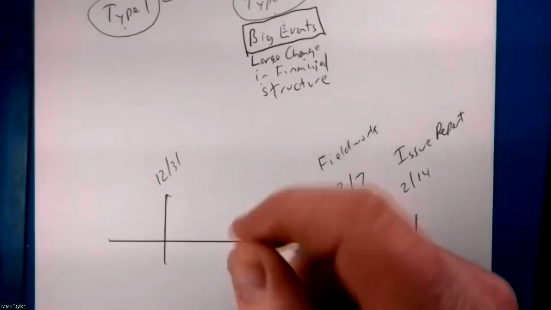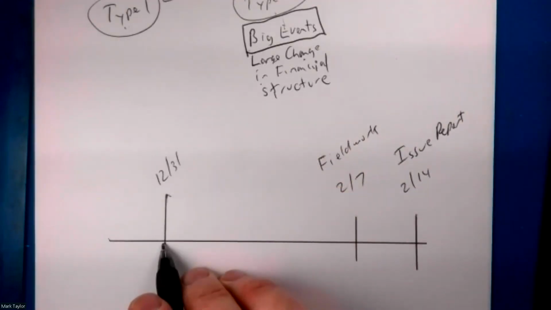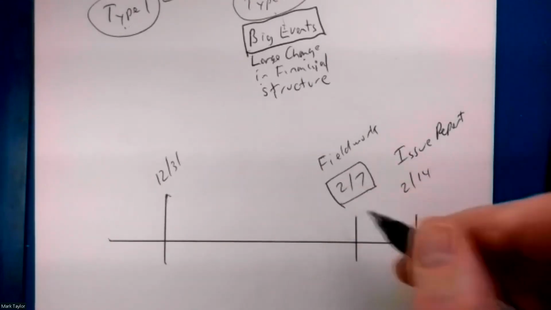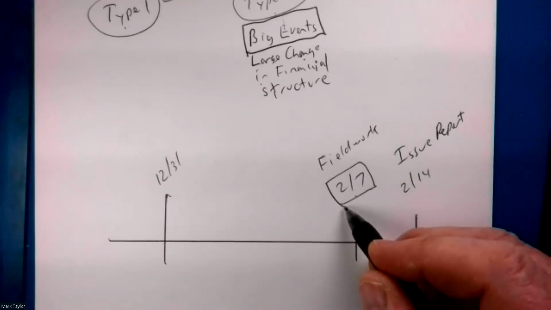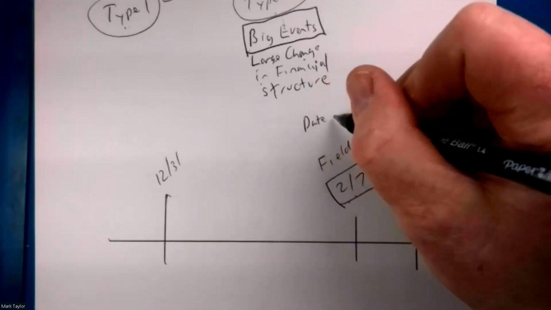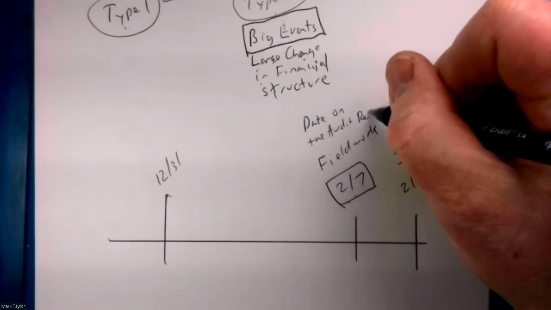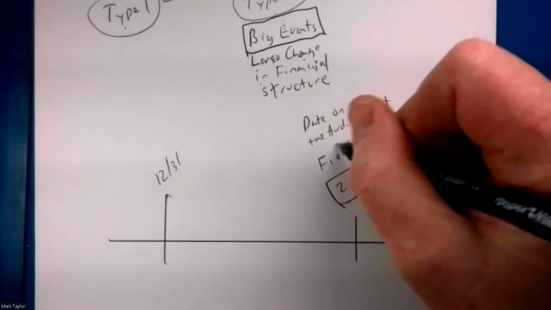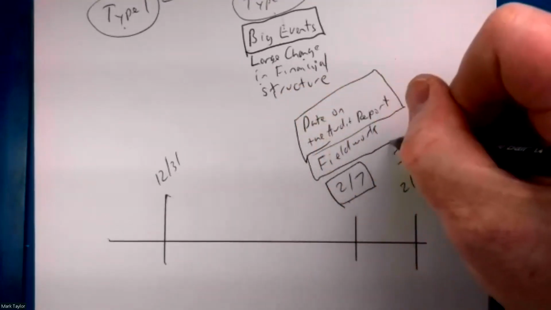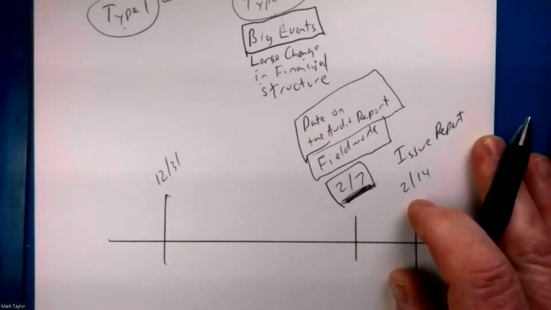Between the year end and the day of field work, you are actively looking for it. The last day of field work is going to be the date of the audit report. So this audit would be dated 2/7.